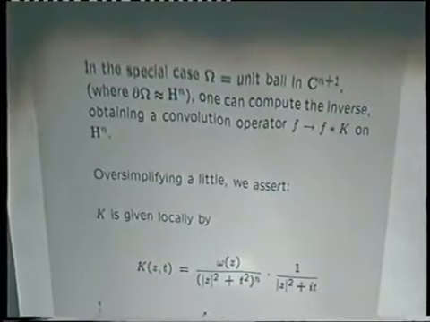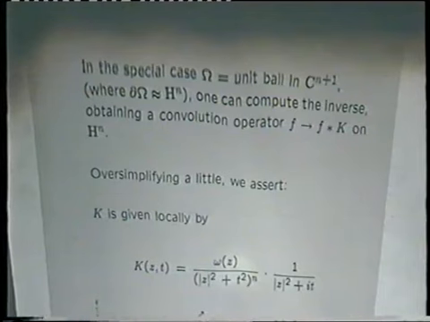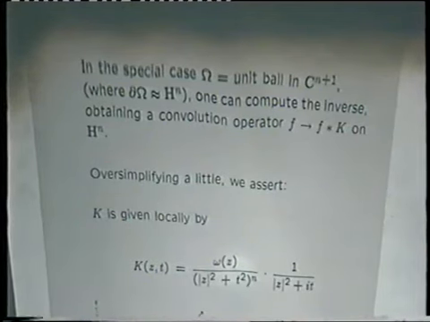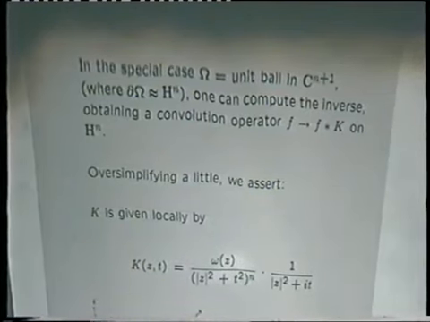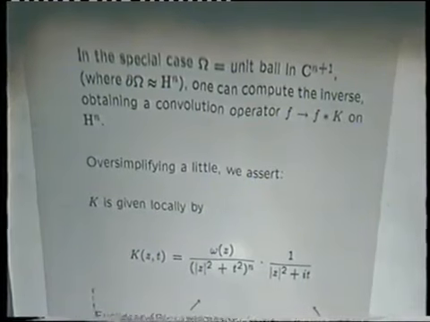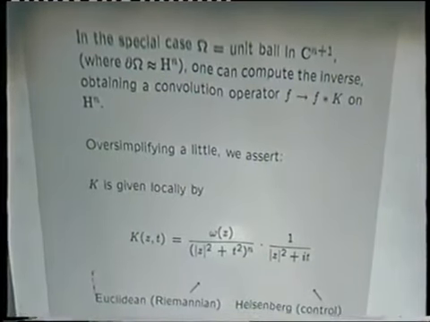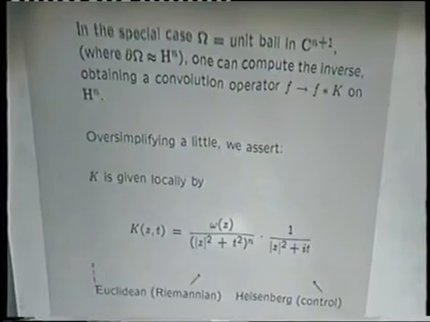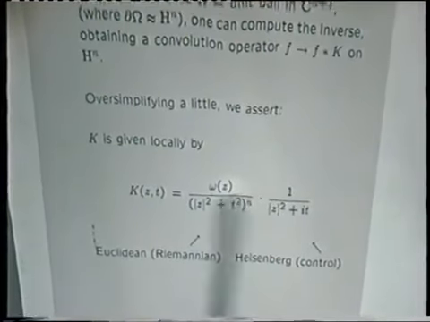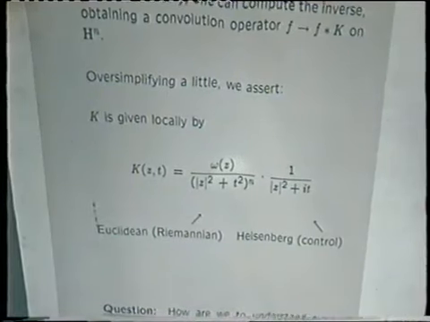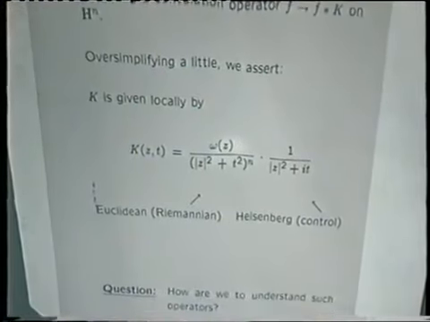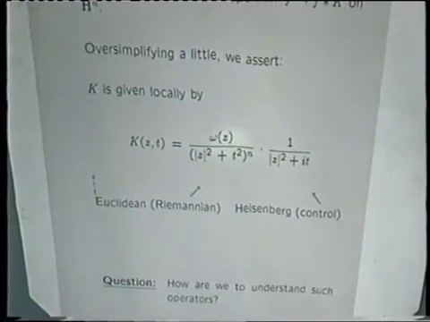Well, this complex ball can be identified with the Heisenberg group, and you're led to a convolution operator on the Heisenberg group. And what you want to do is look at the kernel of this convolution operator. And the kernel is a pointwise product of two kinds of singularities. One, this omega of z is meant to be a homogeneous function of degree 0 with a cancellation property.